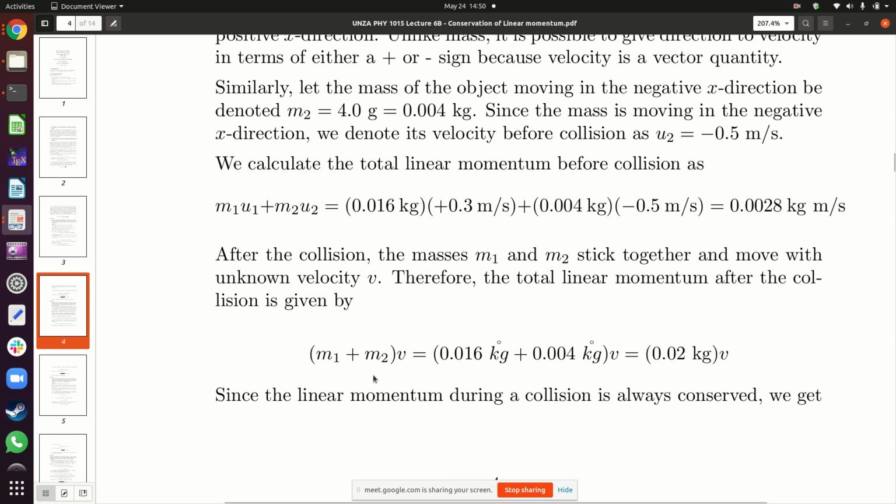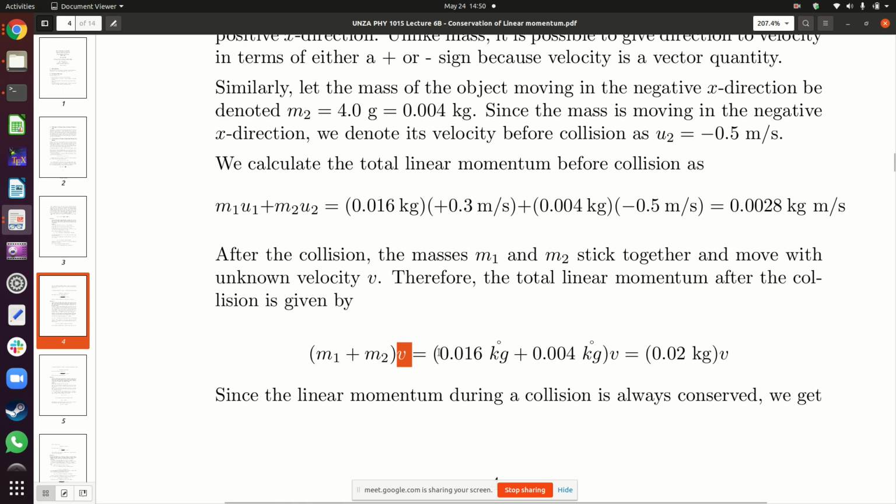So the total linear momentum just after collision is going to be the sum of the masses, m1 plus m2, multiplied by the velocity which the objects have after they have stuck together, and this velocity is what you're looking for.